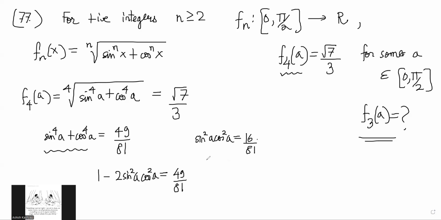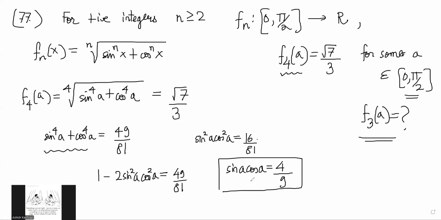Then I can write sine a cos a as 4 by 9. Because all the angles are between 0 and pi by 2, there is no issue in signs. So sine a cos a is 4 by 9.